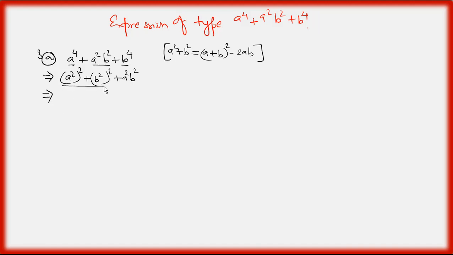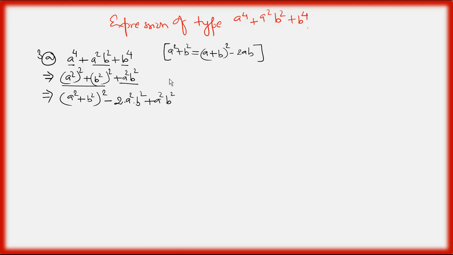So in this case, a is a square and b is b square, whole square minus 2. As a you can take a square, and as b you can take b square, and the last or remaining term is plus a square b square.